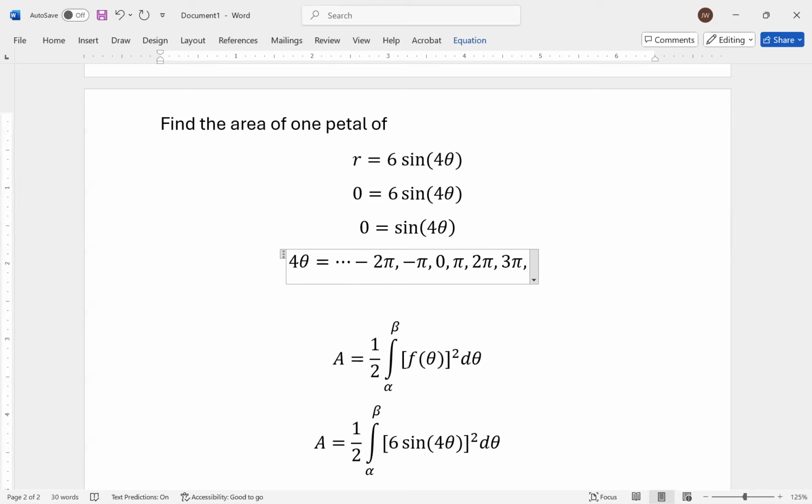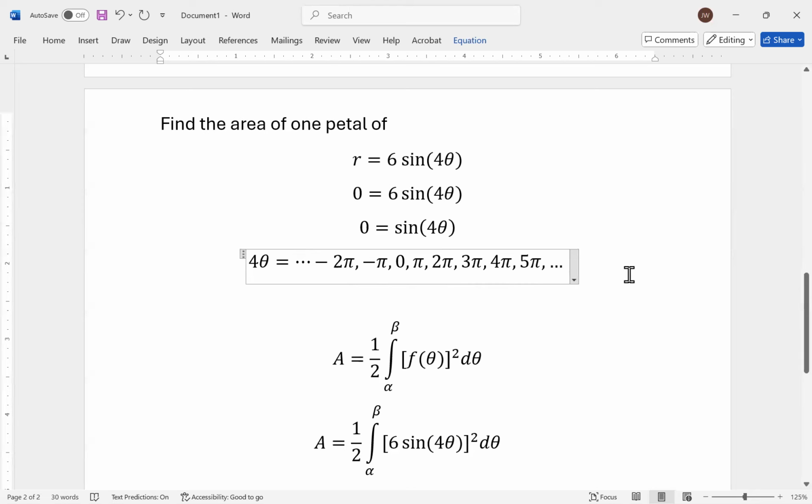You get the point. Lots and lots of different places where my angle is going to be zero. That's where sine is zero, when my angle is an integer times pi.